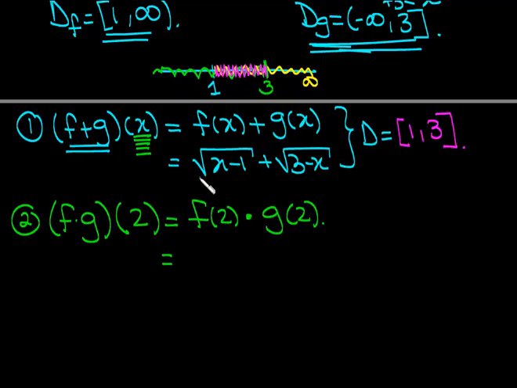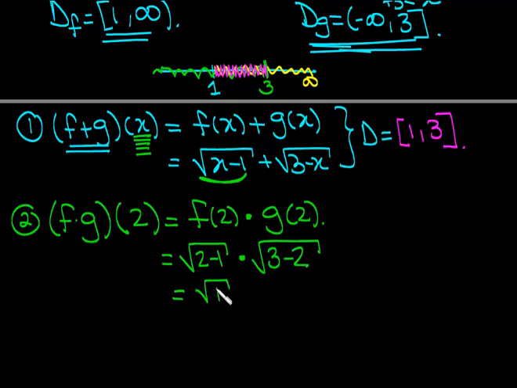In the function f, replace x with 2. So we get square root of 2 minus 1. Multiply that by, in the function g, replace x with 2. So we get square root of 3 minus 2. So we get square root of 1 times square root of 1, which is just 1, because square root of 1 is 1, and 1 times 1 is 1. So that's all we had to do. They wanted us to find the value of this new function at 2, not the function itself, just the value.